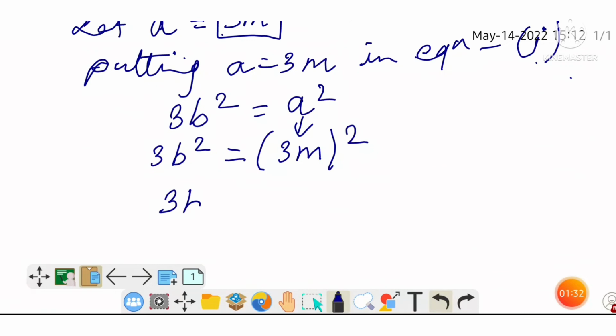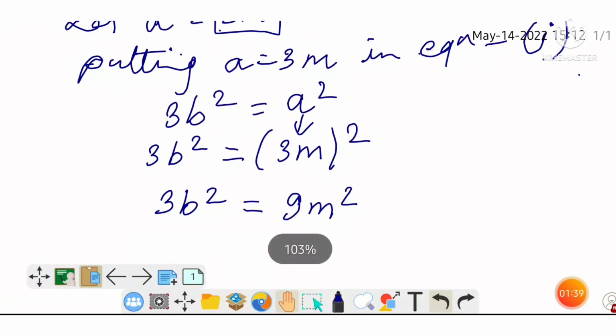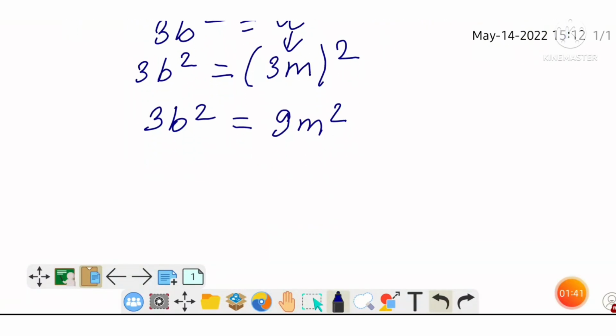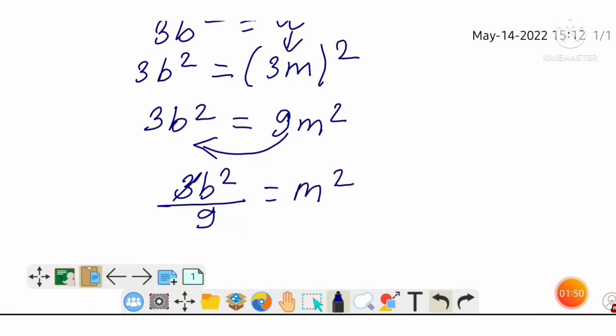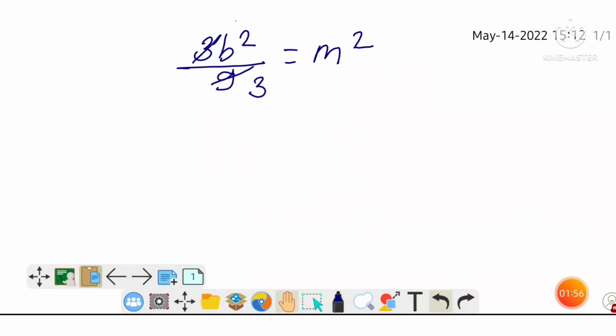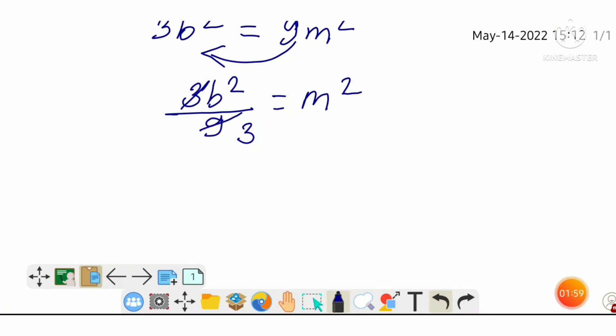Or 3b square equals 9m square. Taking 3 to the right hand side, it will be divided, so 3 ones are 3, 3 threes are 9. We get b square upon 3 equals m square.